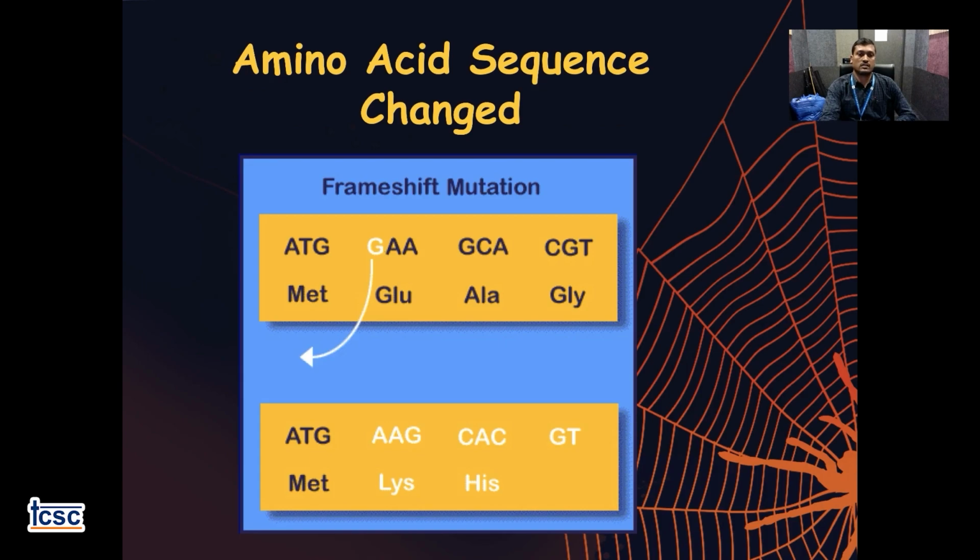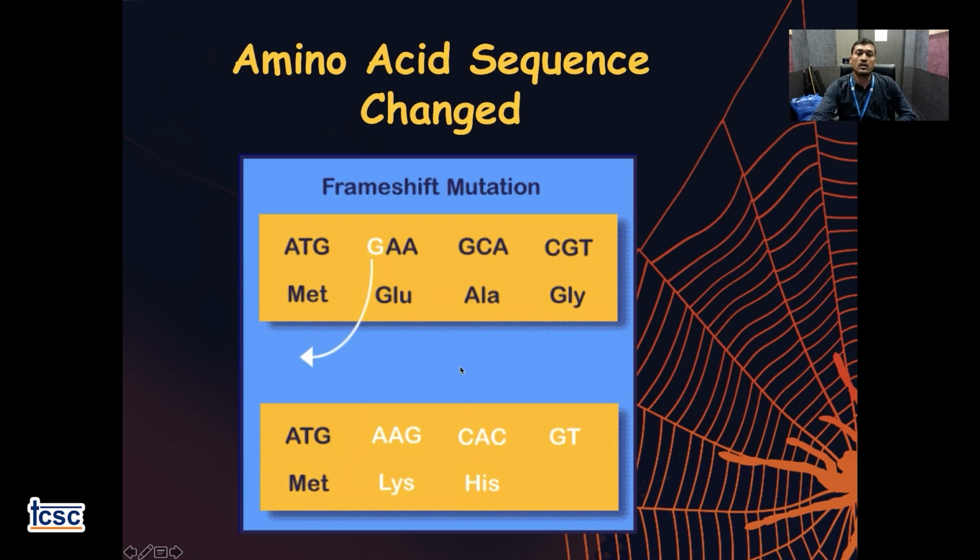Here is an exact example of frame shift mutation. In the normal sequence, methionine, glutamine, alanine and glycine amino acids are there. But after the addition of an extra Z, methionine, lysine, histidine amino acids are there.